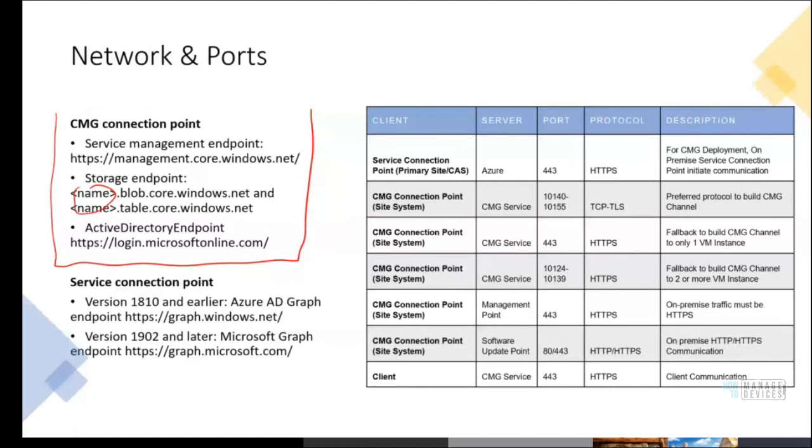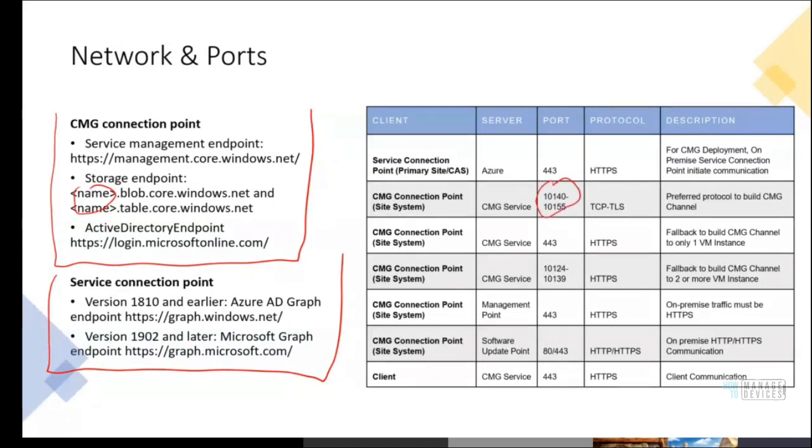And if you're using Azure AD user discovery, you need to whitelist these URLs in the proxy. The main thing is that normally when the CMG connection point connects to the CMG, it uses TCP TLS 10140.